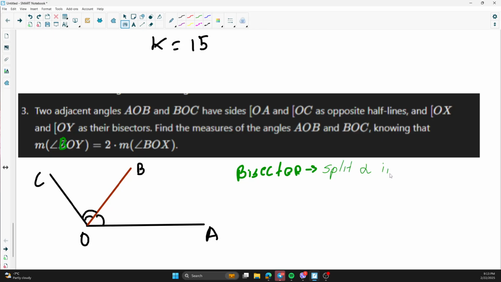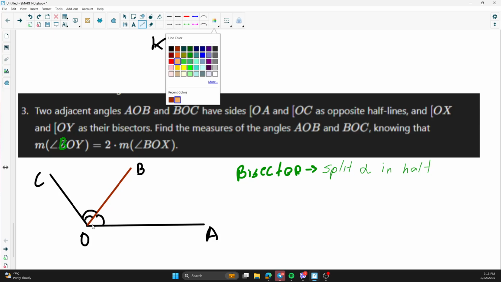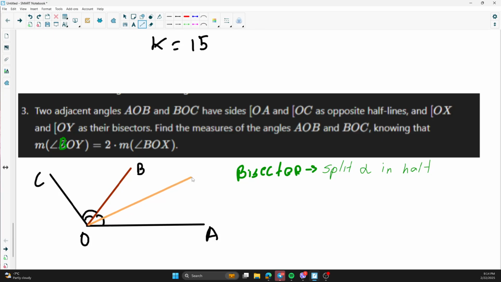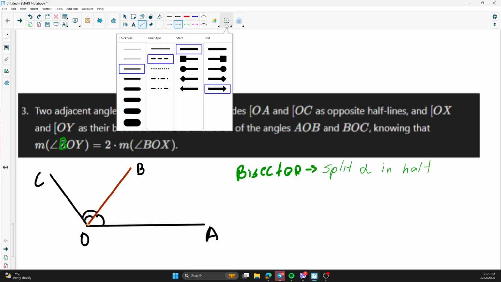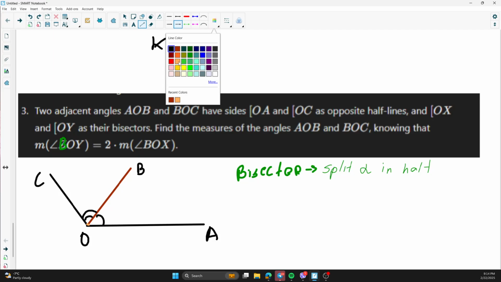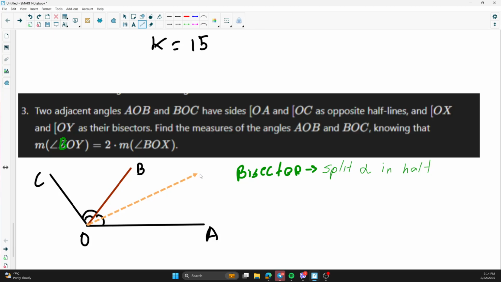So OY splits this one in half, and also we have OX, which splits this one in half. Let's make it another color. So here's Y, here is X.